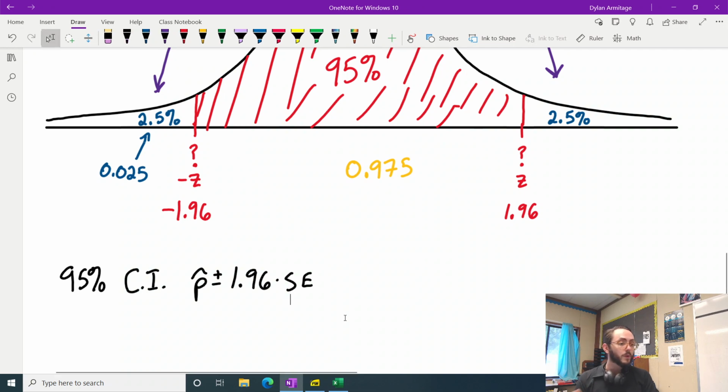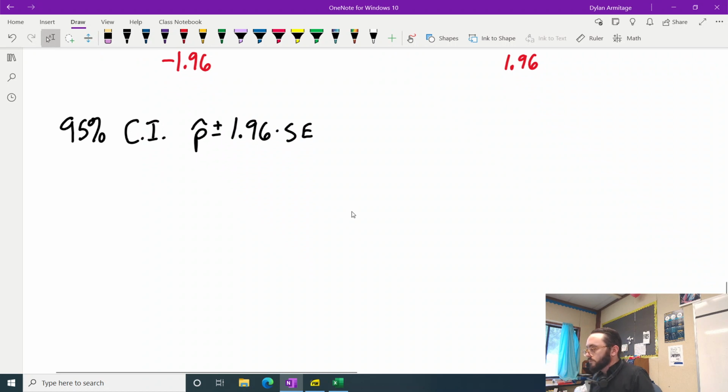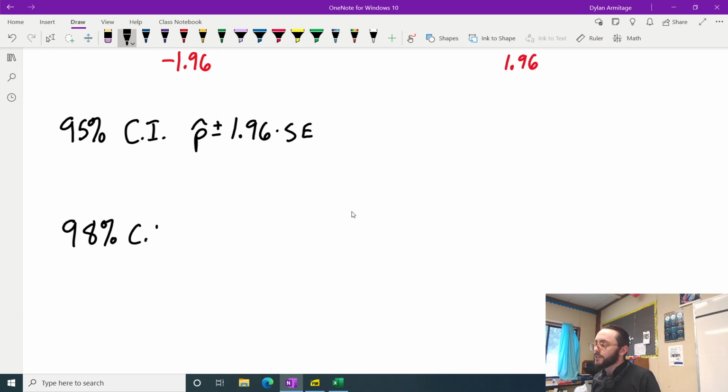So this means we can find other values as well. So let's, for funsies, let's do the 98% confidence interval. Now, you probably wouldn't do this. Let's not do 98.